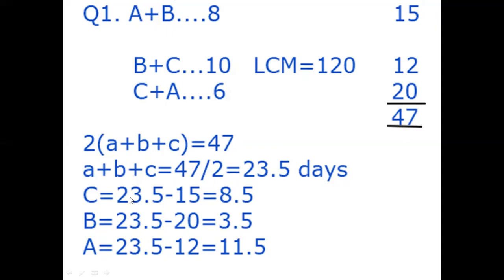C will be left, yes. So C will be equal to 23.5 minus 15. So C can do the work in 8.5 days. In the same way, if from 23.5 you subtract 12, you get A's, and from 23.5 you subtract 20, you get B's. So here we have found all the 4 things: A, B, C together, A alone, B alone, and C alone.